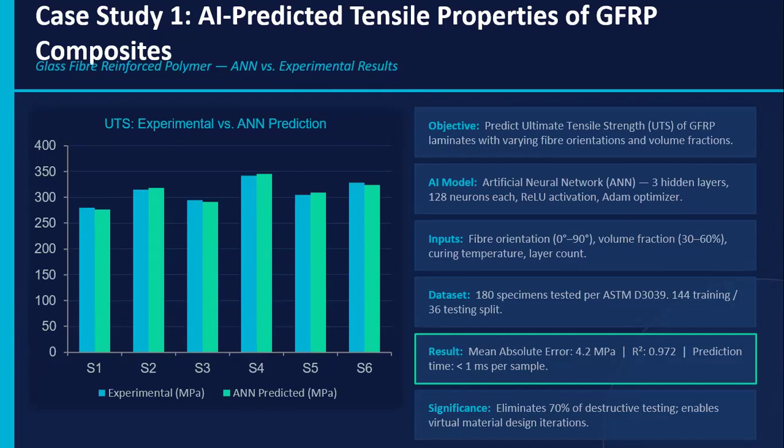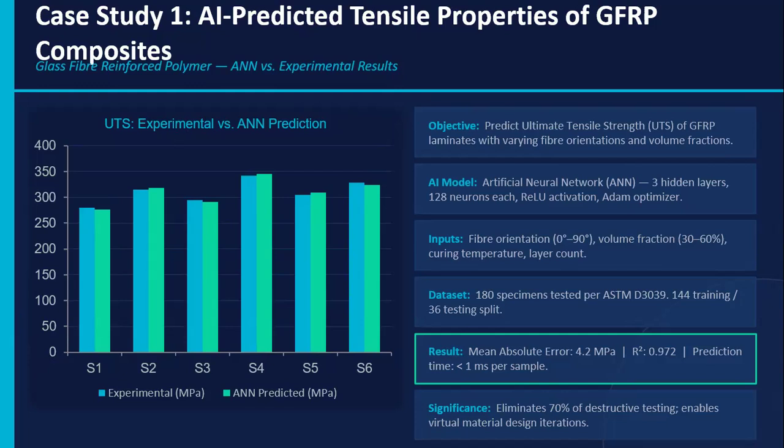In this study, an artificial neural network was used to predict the ultimate tensile strength of glass fiber reinforced polymer composites. The model considered fiber orientation, volume fraction, curing temperature, and number of layers.